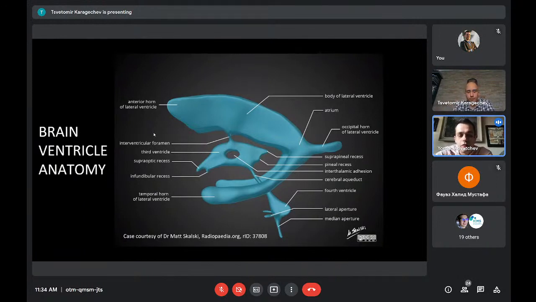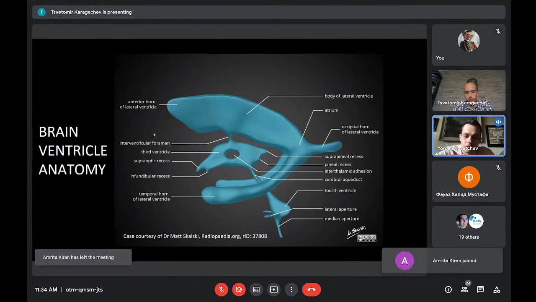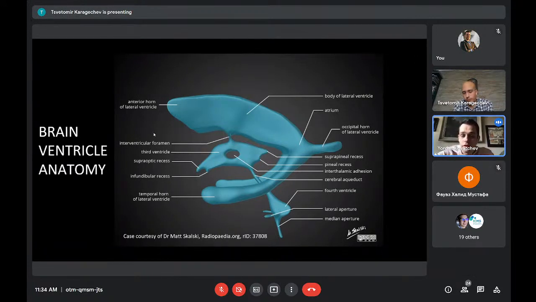The edema itself initially is not a problem, but if it grows exponentially, it starts compressing structures next to it, and this can lead to one of the other things that we always look at initially on CT, which is whether or not there is hydrocephalus. To understand hydrocephalus, you first have to remind yourself of the anatomy of the ventricular system of the brain.